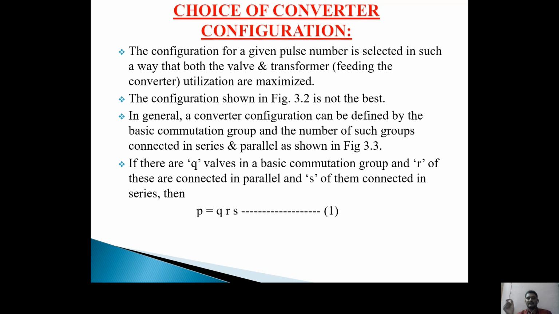If there are Q valves in a basic commutation group, and R of these are connected in parallel and S of them are connected in series, then P is equal to Q into R into S. Here Q is the valve number, R is the parallel connected valves and S is the series connected valves. So P is equal to QRS, and treat this as equation number 1.